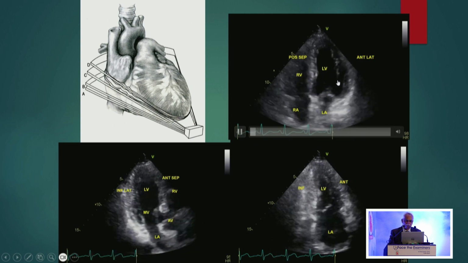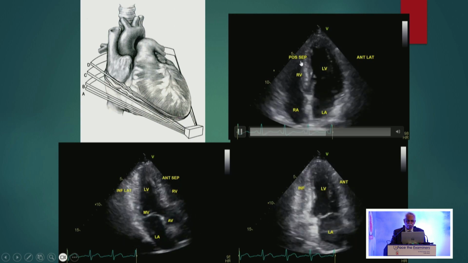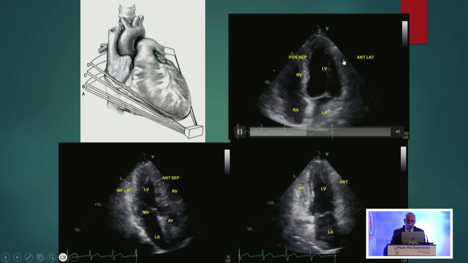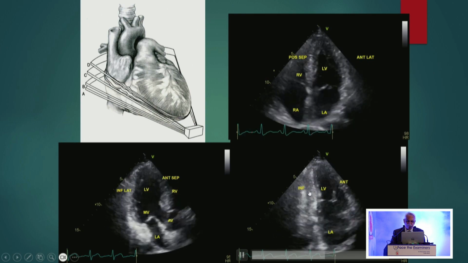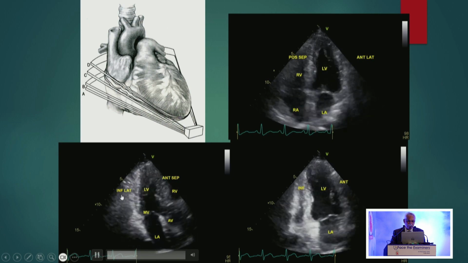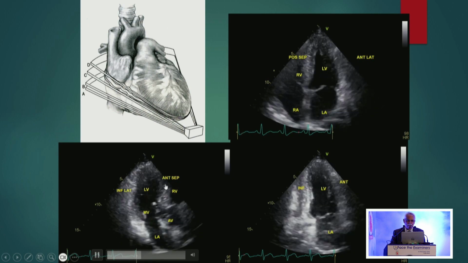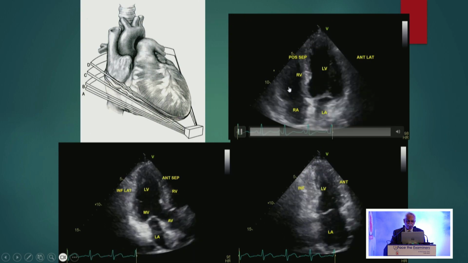In the apical 4-chamber view, what we see is the posterior septum and the anterolateral wall. In the 2-chamber view, it is the inferior wall and the anterior wall. In the 3-chamber view, it is the infralateral wall and the anteroseptal wall. So we can assess all the segments in these views also.